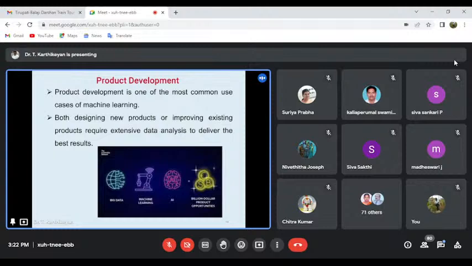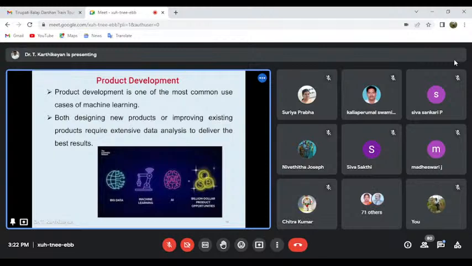So by applying this type of machine learning into various industries, it will create revenue. This is what we are all working for, to create revenue, to improve the efficiency, to reduce the manpower. So when you apply this, it will also generate revenue for the businesses.